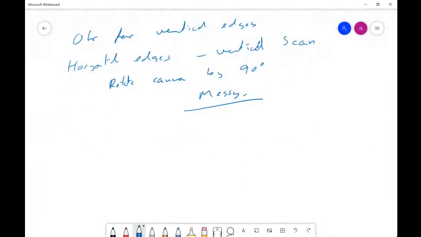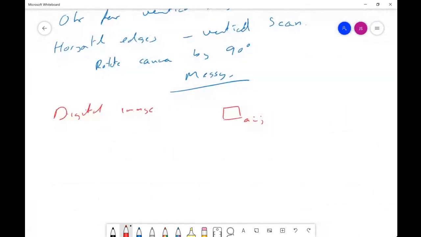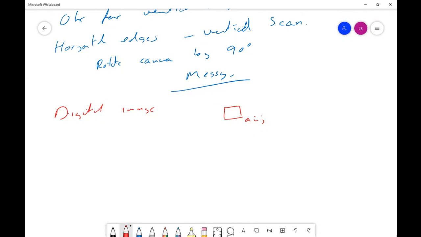However, when we come to digital images, life is a lot easier because we can take a pixel A_ij, which is an array in your computer after it's come through the CCD array, and you can scan that vertically and horizontally. In fact, you could scan it in any direction by having an algorithm which changes the i and j. So vertical scan and horizontal scan easy.